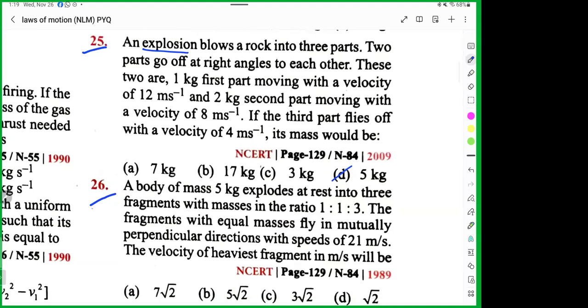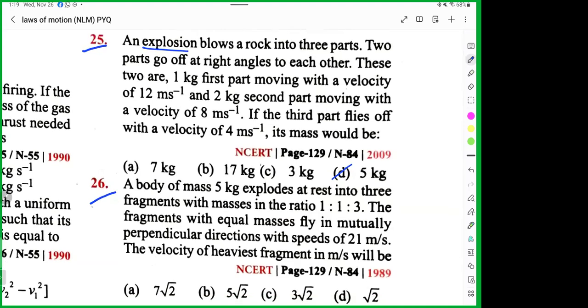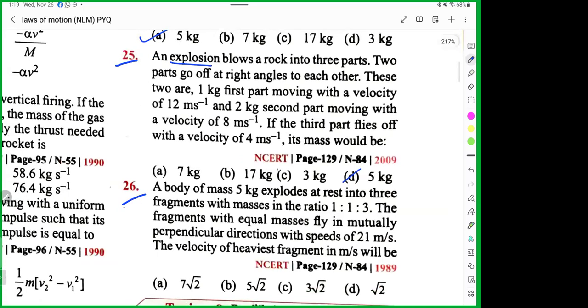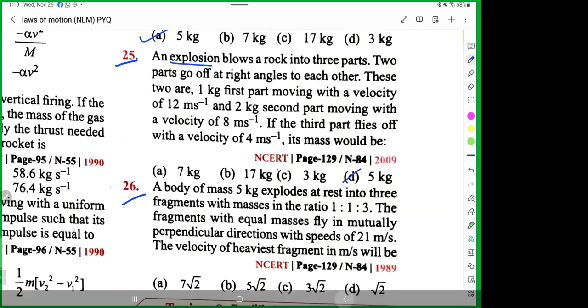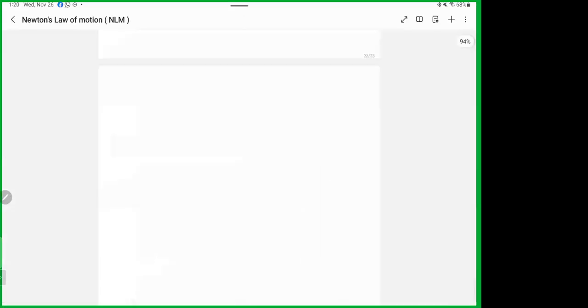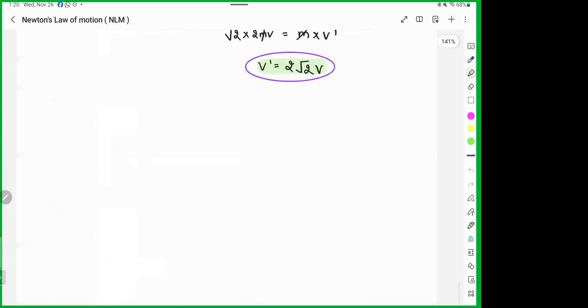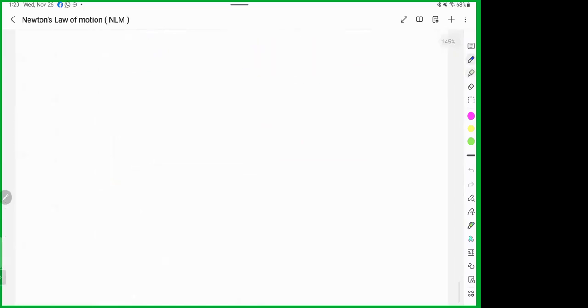Sir, 5. In this type of question, you will see there is one logical thing: in such situations, when there are two particles moving perpendicular to each other, having m1 v1 and m2 v2, here you will have linear momentum p2, and here linear momentum p1.